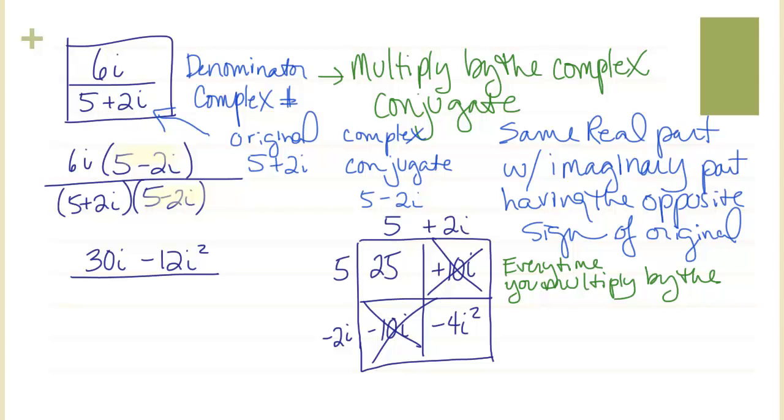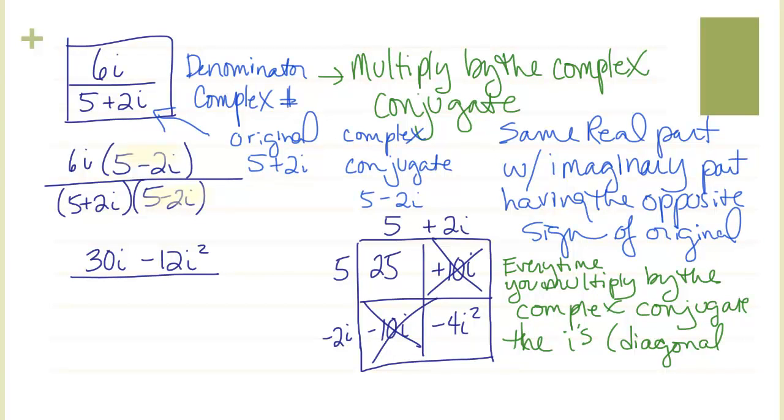You're just going to square the first thing, square the last thing. It's just like the difference of squares when we're talking about regular binomials. Every time you multiply by the complex conjugate, those diagonal terms cancel. So that's how it clears out the i's.